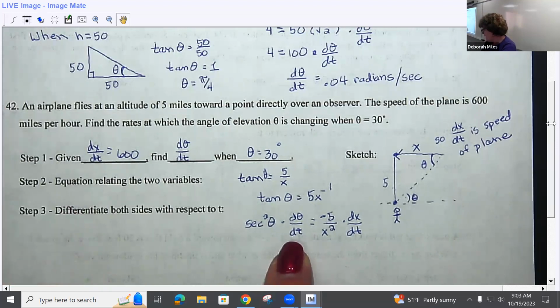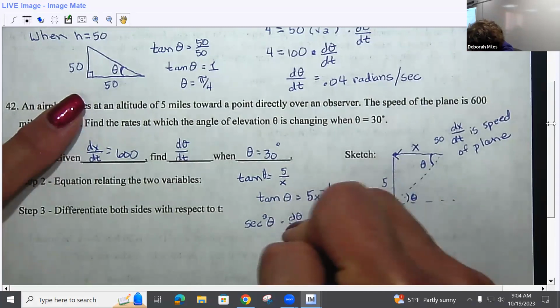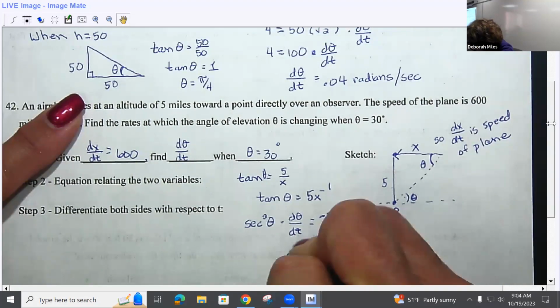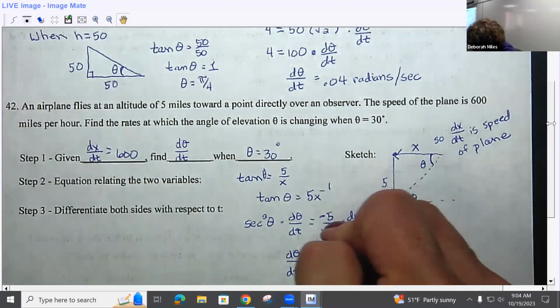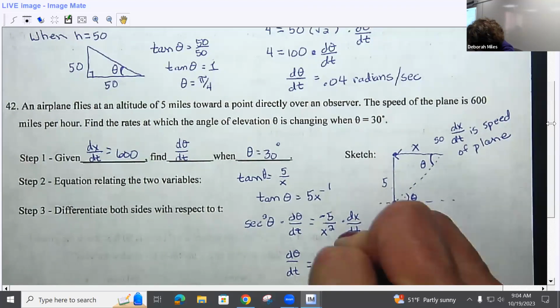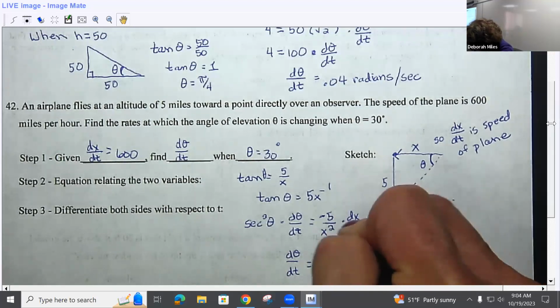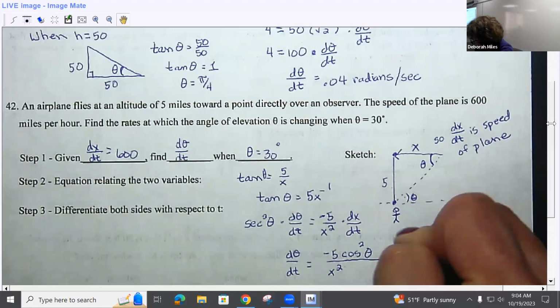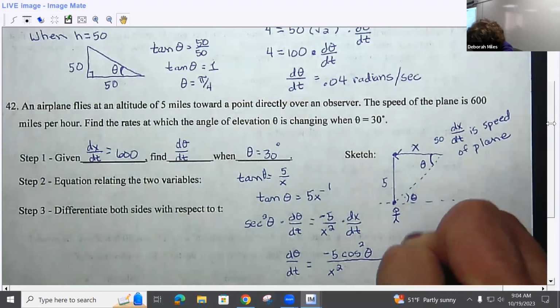And if I wanted to go ahead and get it by itself, how could I get d theta over dt by itself? What's the same thing as dividing by secant squared? Multiplying by cosine squared. So d theta over dt will be negative 5 over x squared times cosine squared theta times dx over dt.